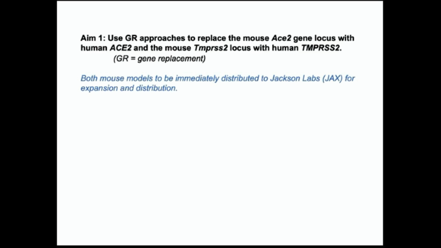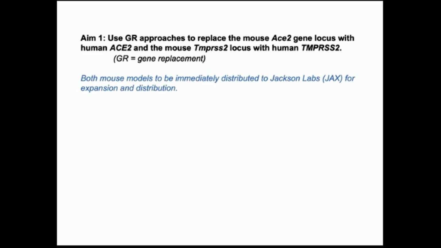So the proposal was to use gene replacement approaches, which Mike will detail in a moment, to replace the mouse ACE2 gene locus with the human ACE2 locus, and likewise for the TMPRSS2 loci. Part of the appeal of the proposal was that we weren't going to make these mice and then sit on them and work on them for 10 years and then finally give them away reluctantly to other people.